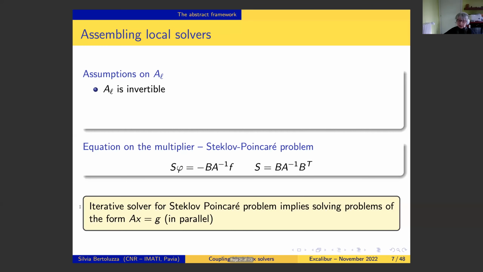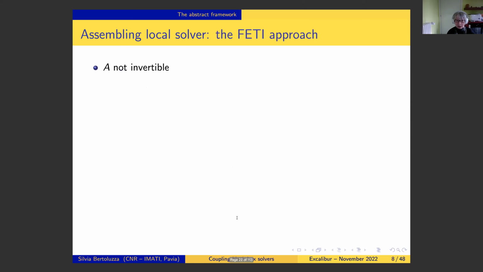And the idea is you want to write an iterative solver for this problem. Writing an iterative solver for this problem, of course, implies solving problems of the form AX equals G that can be done in parallel. That is the basis of domain decomposition in many different forms. In general, we would like not to assume that A is invertible.